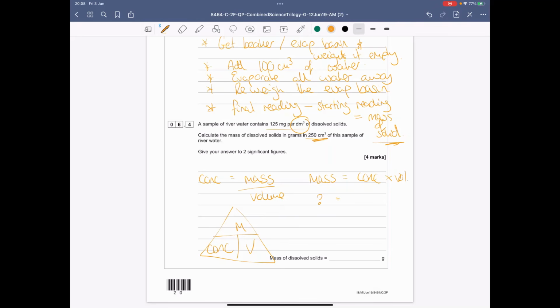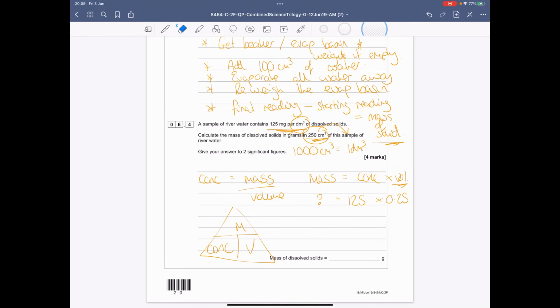I know my concentration, and it's told me here it's 125 milligrams per decimetre. My volume, though, they've told me is 250 centimetre cubed. I don't want it in centimetre cubed, I want it in decimetre cubed. Remember, there's 1,000 centimetre cubed in 1 decimetre. So therefore, to convert 250 into decimetres, I would divide it by 1,000, and that would give me 0.25 decimetres.